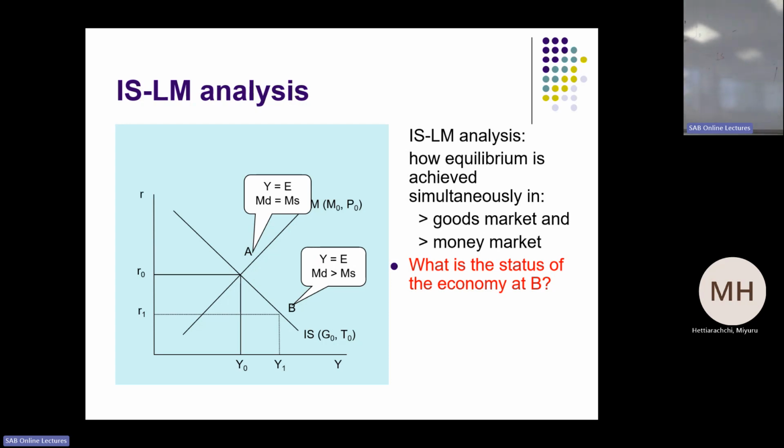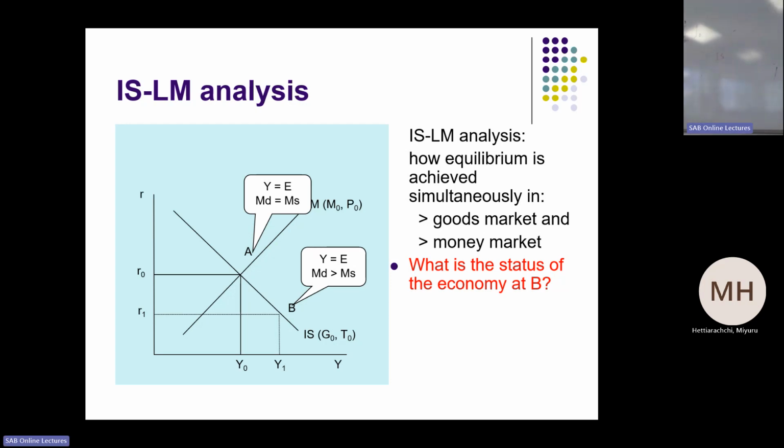Okay. Point C. What is the situation? Point C is below the LM curve. In the same way, there is excess demand for money. And it is also below the IS curve, so there is excess demand for goods.